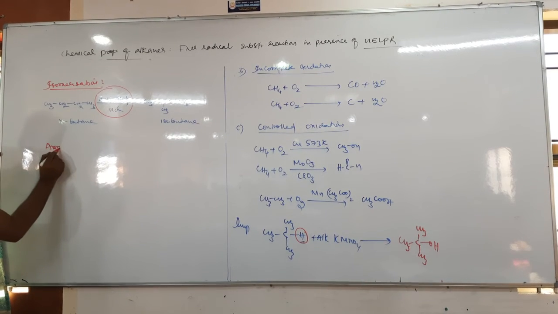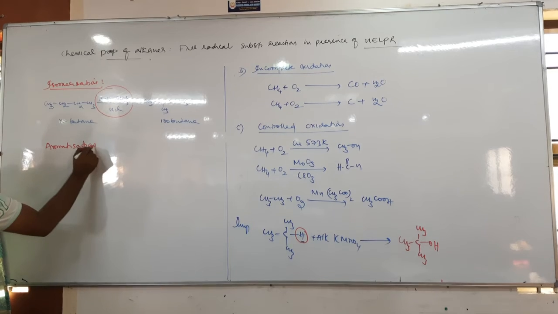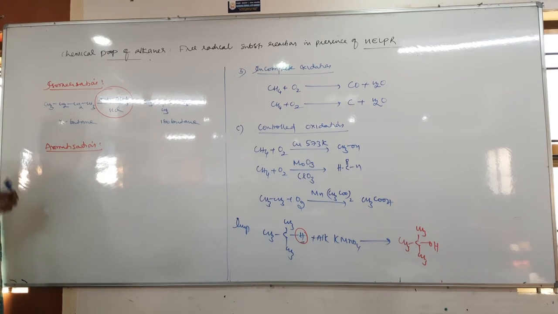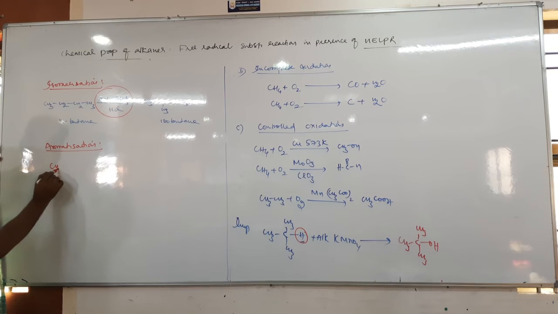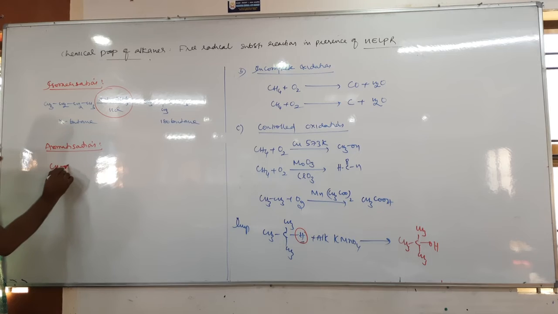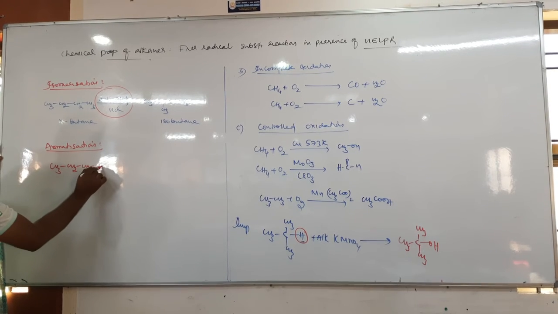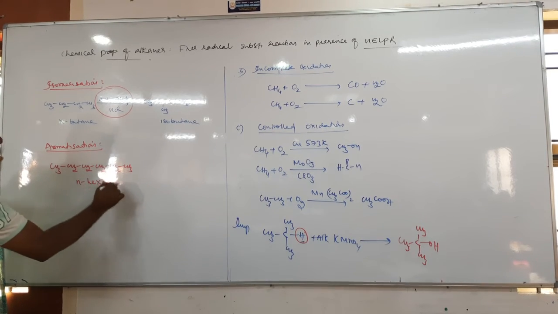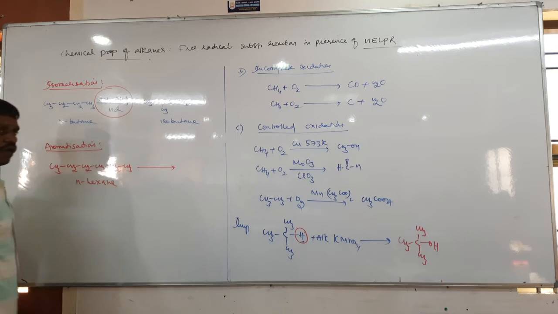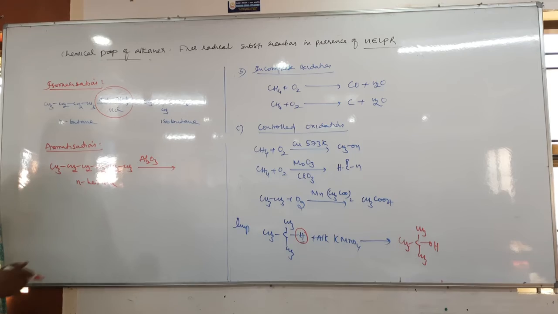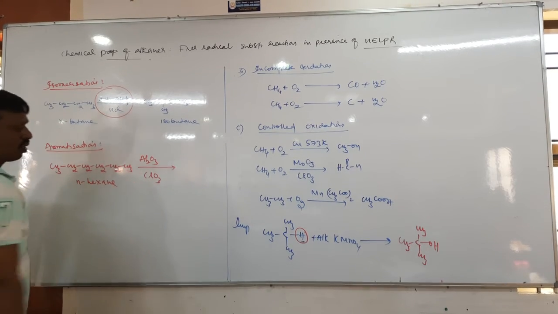Okay, this is isomerization. Next, aromatization. Tell me, in aromatization what happens? In aromatization, aliphatic hydrocarbon converts into aromatic hydrocarbon. For example, take n-hexane. This is n-hexane, an aliphatic hydrocarbon. It is heated in presence of Al2O3, aluminium oxide, and Cr2O3, chromium oxide.